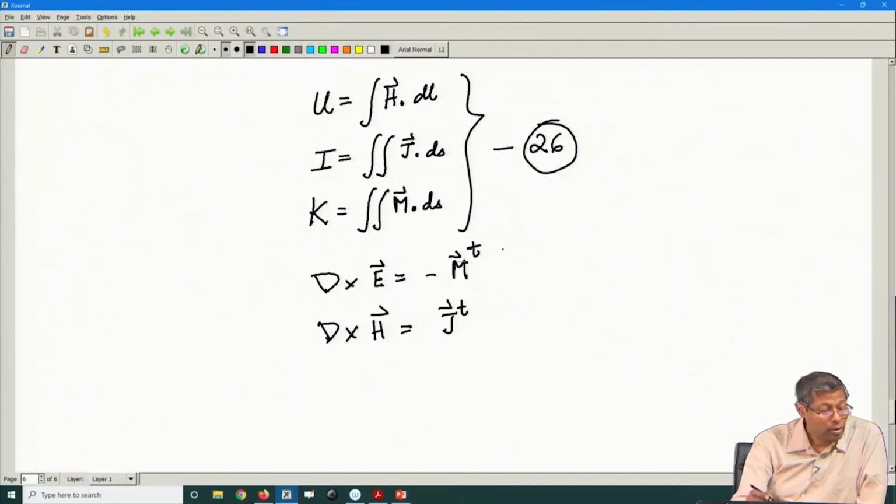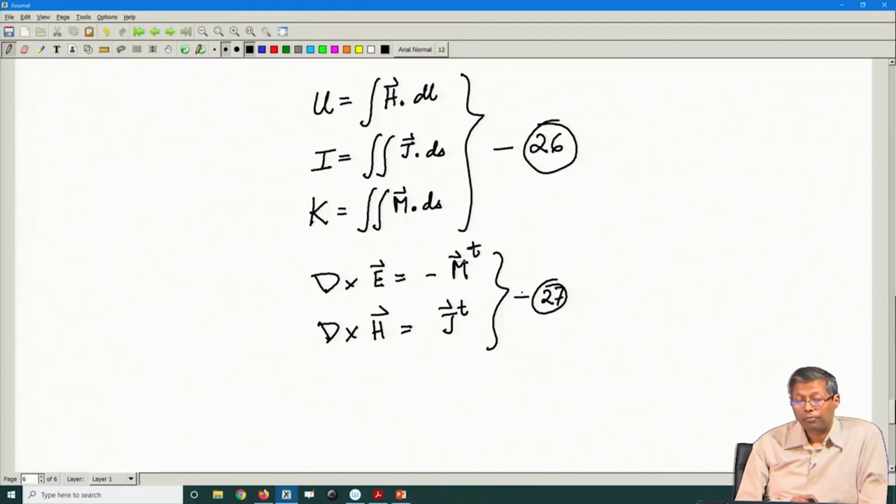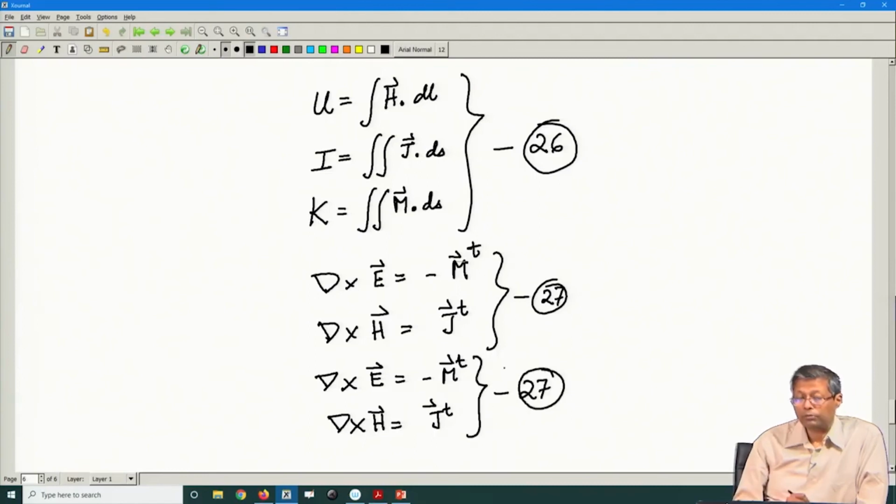Okay. We call this equation 27. So, we write curl of E equal to minus M and curl of H equal to J. We can call this equation 27.